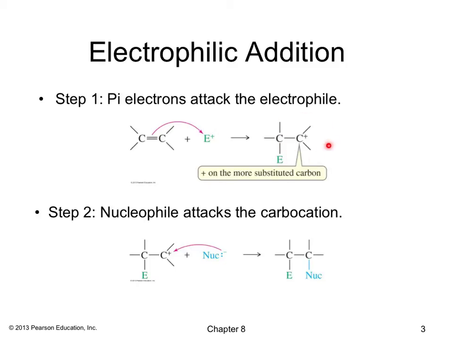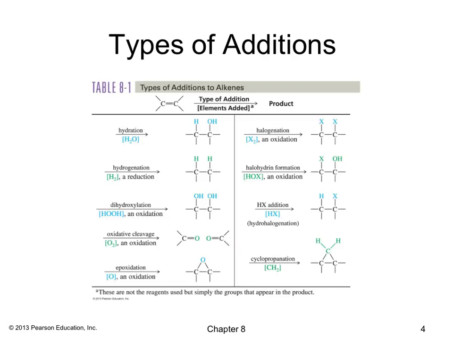And then you have a carbocation, and that carbocation will be on the more substituted carbon. The second step is where the nucleophile attacks that carbocation. So there's another nucleophile, not from the double bond, but from elsewhere, coming in to quench that positive charge, generating your product.